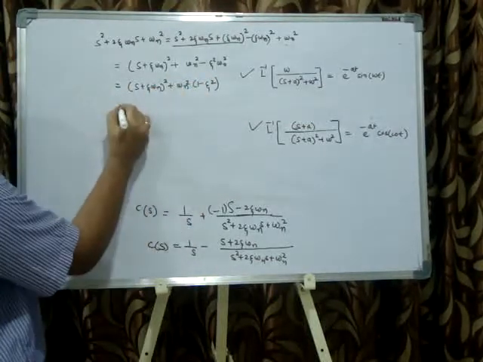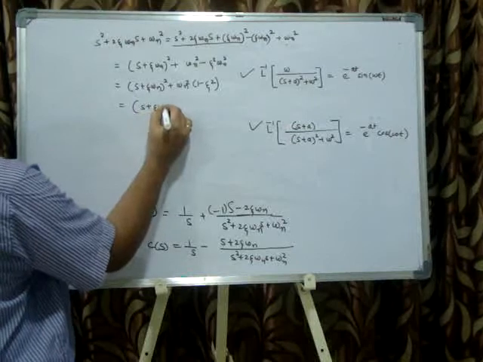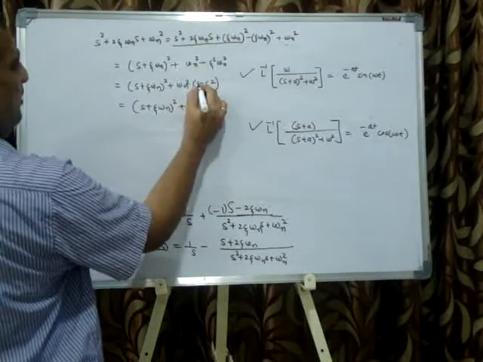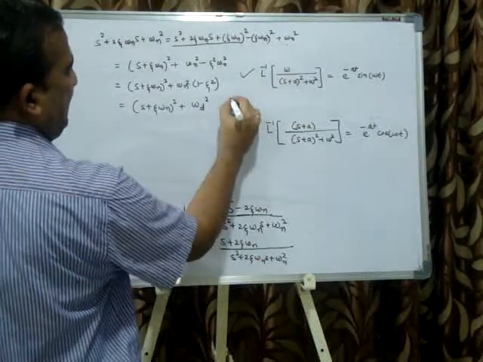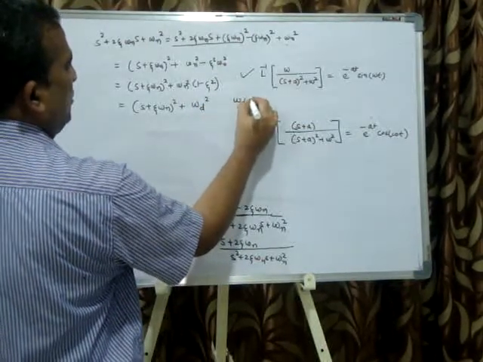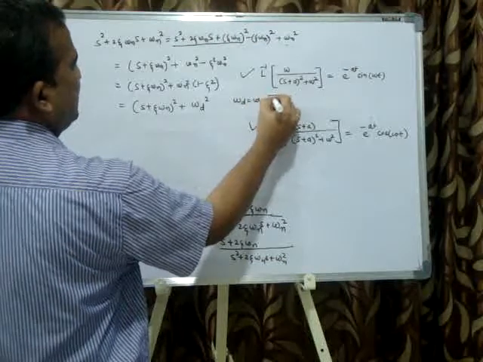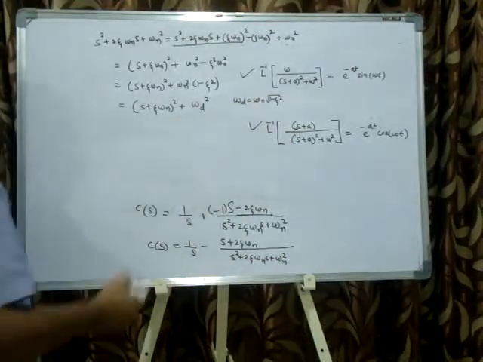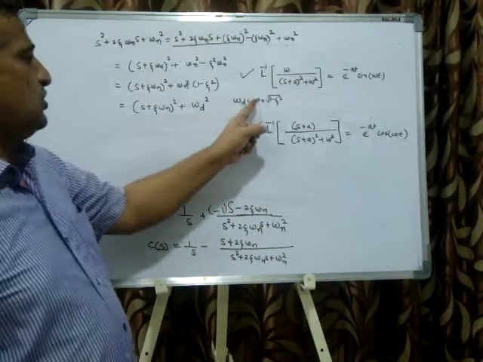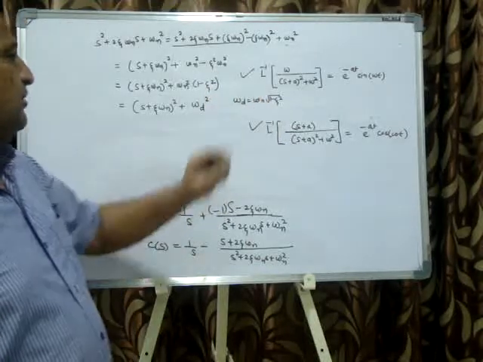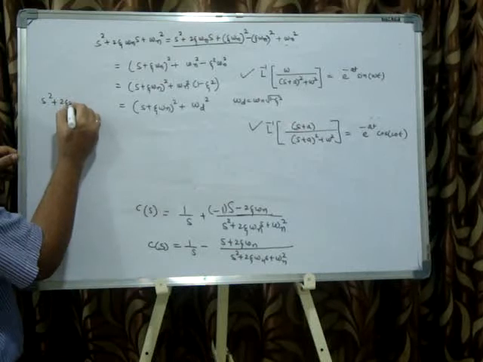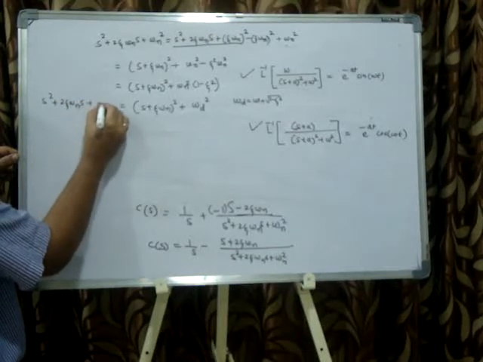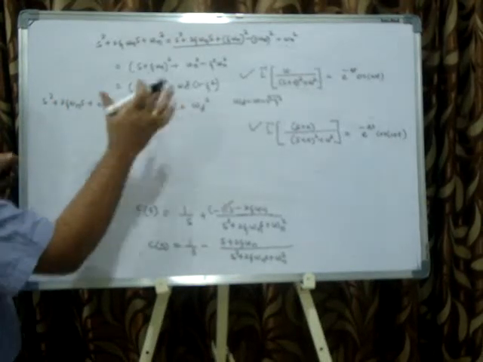What is this? Omega n square into 1 minus zeta square, that is omega d square. I'll write omega d equal to omega n root of 1 minus zeta square, the damped natural frequency. If you square it, omega d square is equal to omega n square into bracket 1 minus zeta square. So indirectly I have got this expression in this form.